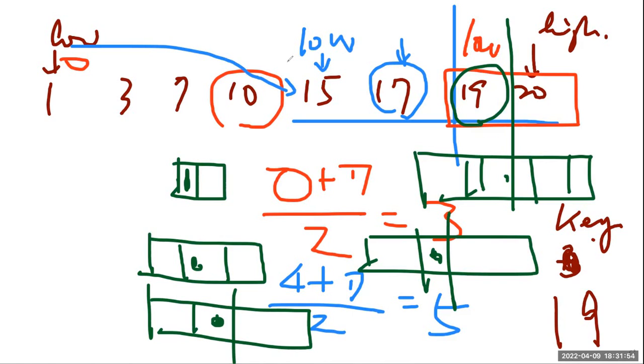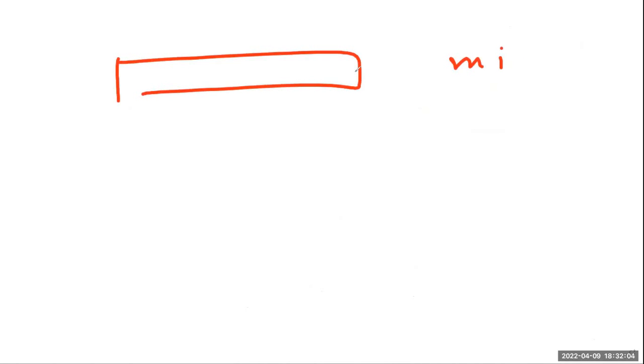Always remember that, using this low and high system. If you are using the n divided by 2 system, it's different. If your value is the length of the array divided by 2, then it's always the one on the right hand side.